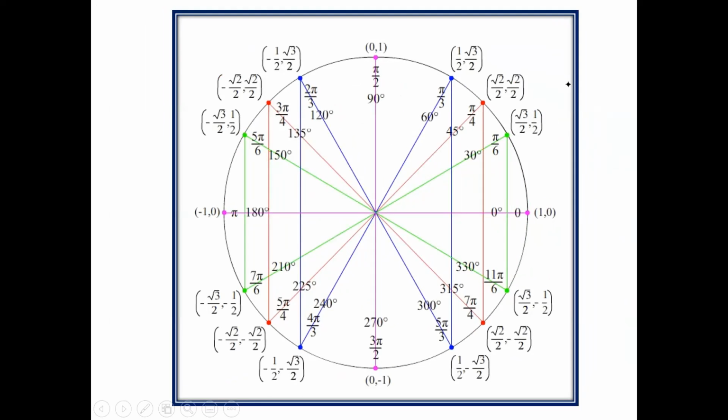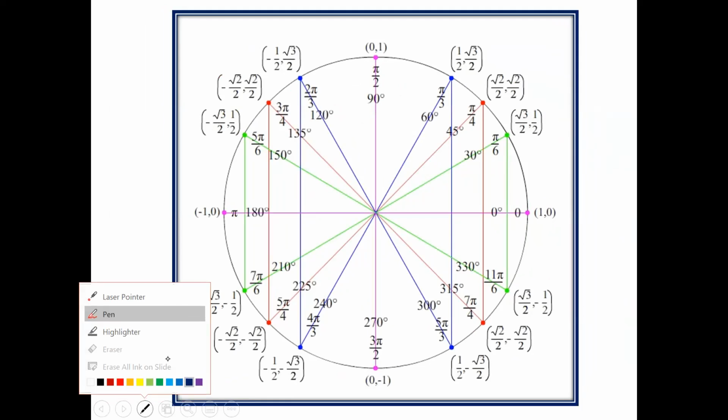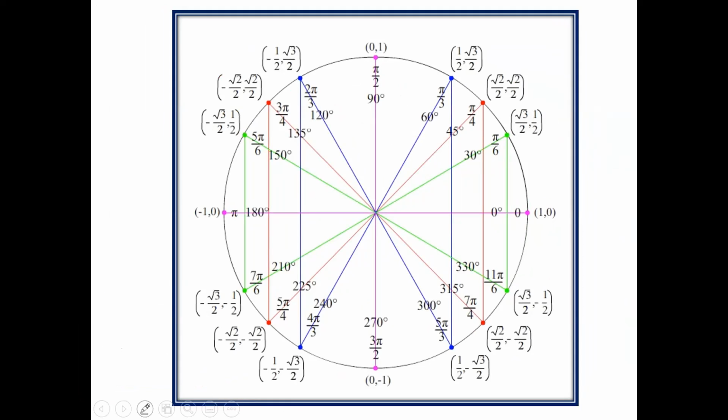Okay, in which situation will you have a negative sine x equal to a positive cosine x? If you look at this right here, here is my negative sine x, which is equal to a positive cosine x, and that is at 3 pi over 4 and 7 pi over 4.